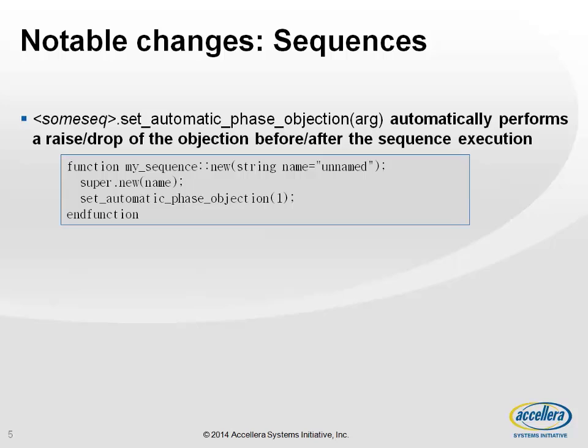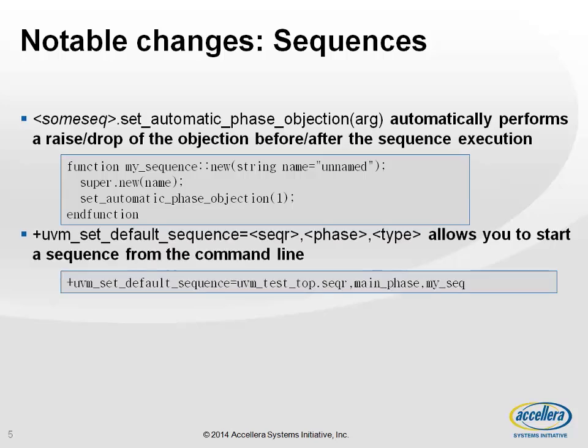You set that set_automatic_phase_objection once, and then starting a sequence raises the objection, ending the sequence drops the objection. So you're relieved from all this phase raise and drop. Some people like the raise and drop, some people don't. That's what you can use in that scenario.